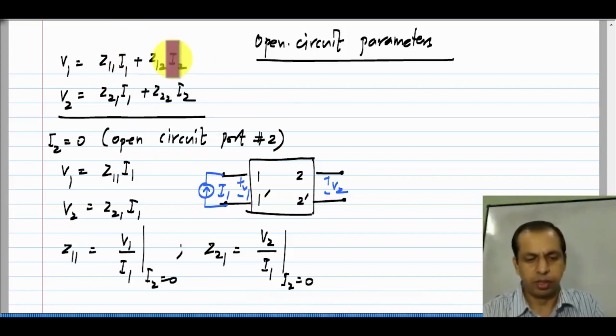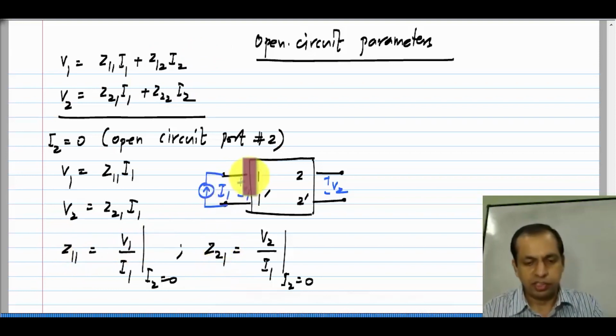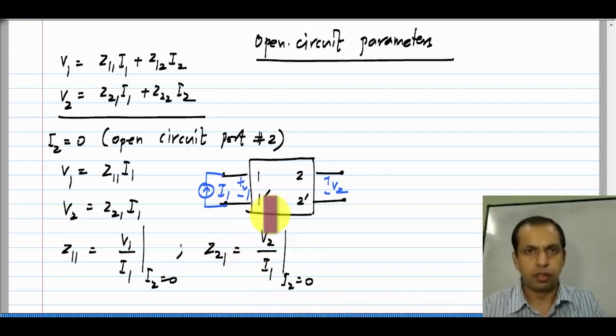Like I said, you could take different combinations of I1 and I2, but this is the most convenient. So, you have Z11 and Z21. Z11 you can say is nothing but the resistance looking into port 1 with port 2 open circuited. And Z21 is the trans resistance from port 1 to port 2 with port 2 open circuited.